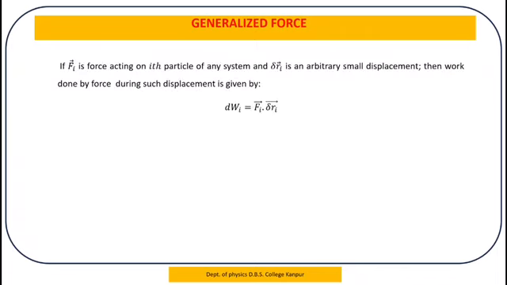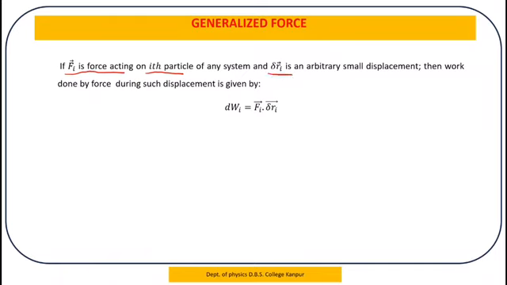And another topic, generalized force. Suppose a system has a large number of particles, one of which is the ith, and the system is acted upon by an external force. So Fi is the force acting on the ith particle and its displacement is delta ri.